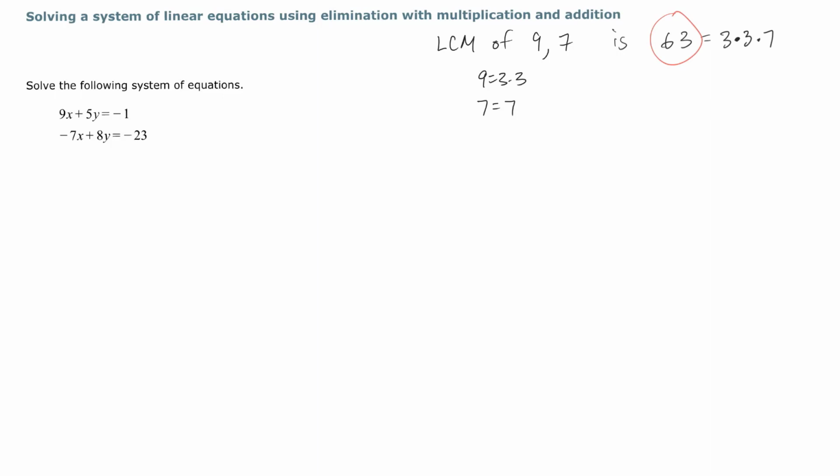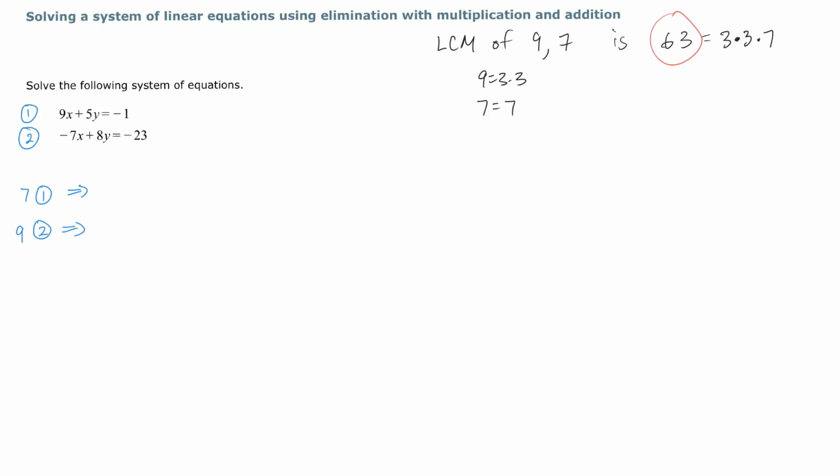We're going to take this 63 and use it. So what I'm going to first do is label this equation 1 and equation 2. And now we're going to do 7 times equation 1. I'm going to put it right here. And then we're also going to do 9 times equation 2, which I'm going to put right here.